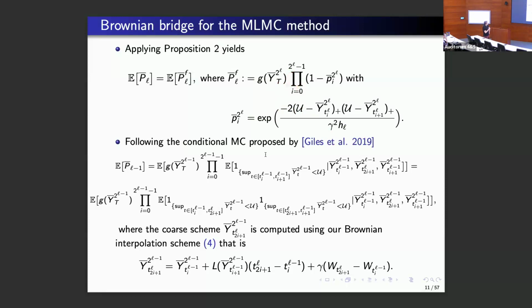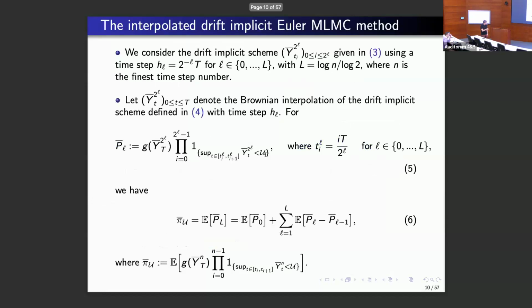The problem comes when you want to write your coarse approximation. Until now, it's okay. It's just readapting with this new time step, 2 to the power L. The problem starts when you want to derive the coarse approximation, because what is essential to say is that each expectation here is approximated independently, but in one block of expectation, the Brownian path that you use for P bar L minus 1 and for P bar L has to be recycled to sample the coarse one.